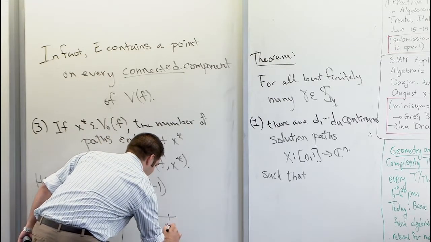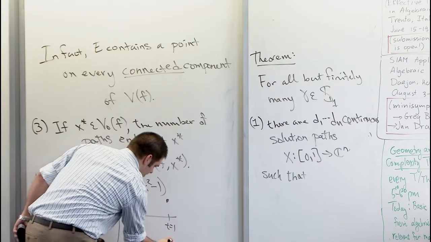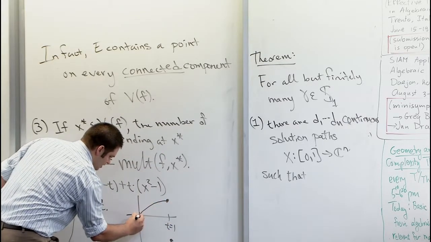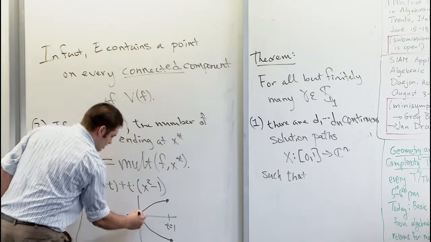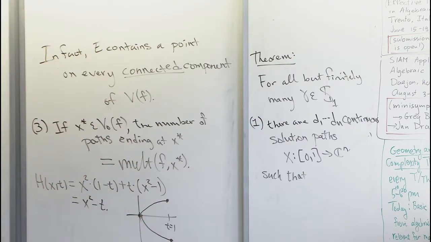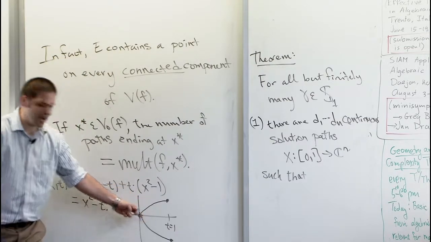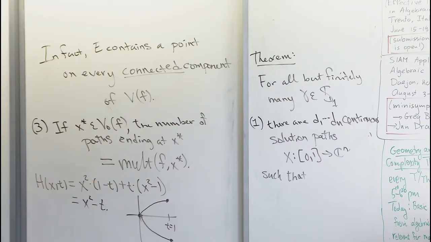At t equal to 1, I have 1 and minus 1, and both of these converge to the origin. So x squared has a multiplicity 2 root, and I have exactly 2 paths converging to it. Okay, so that's the end of the statement of the theorem, and it's true.